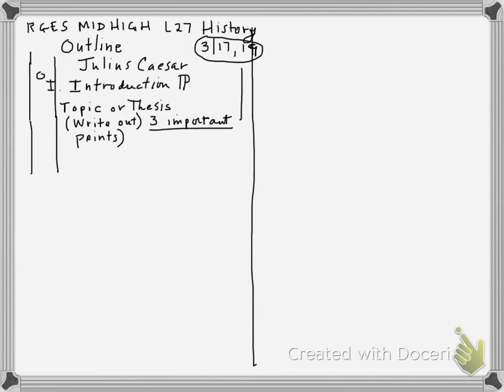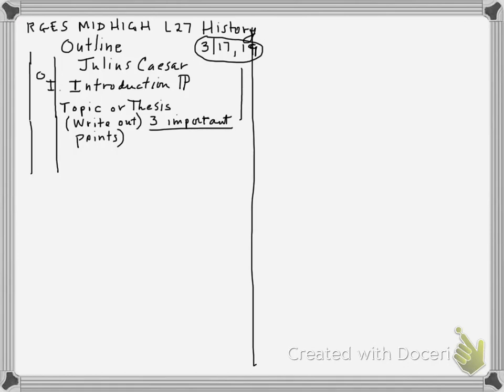As you think about your thesis statement, really select the three most important items that you found out about Julius Caesar, and focus on those three items in your paper.